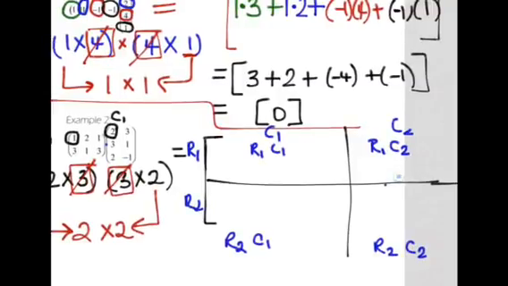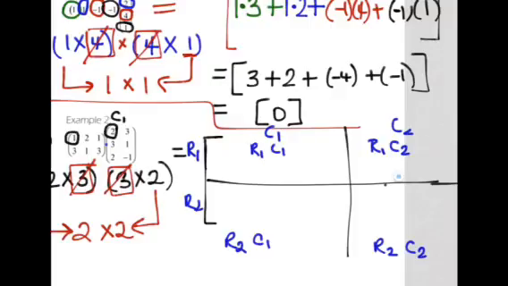Row 1, column 1 comes from that row being fed through that column. So you have a 1 times a 2 plus this 2 times this 3. So you're going across and down. 2 times 3 plus 1 times 2. Now you are done with row 1 and column 1.